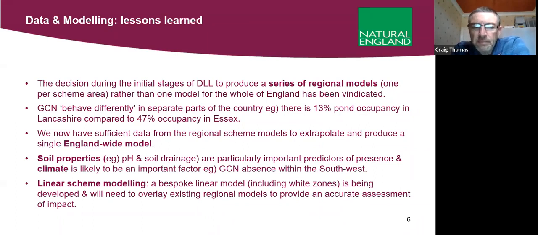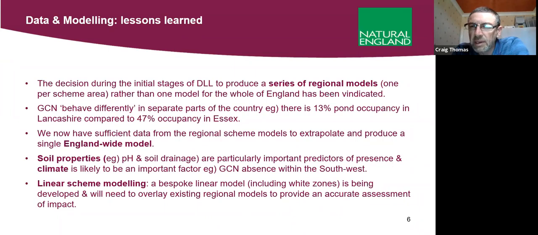Why is that important? Because we want to accommodate as many schemes as possible into DLL. From an ecologist perspective, that's because we believe that DLL provides better outcomes for the species. So we want to be able to offer DLL as an alternative to traditional mitigation licensing in as many places as possible.